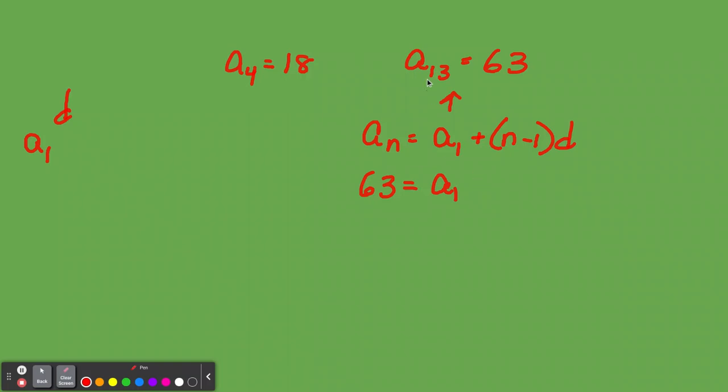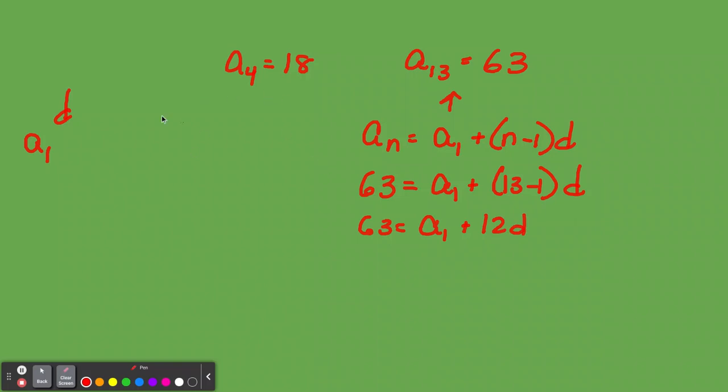But we do know to get 63, we needed the 13th term. So we're going to do 13 minus 1, and we're trying to find the difference. So we know this is what we have so far. 13 minus 1 is 12.